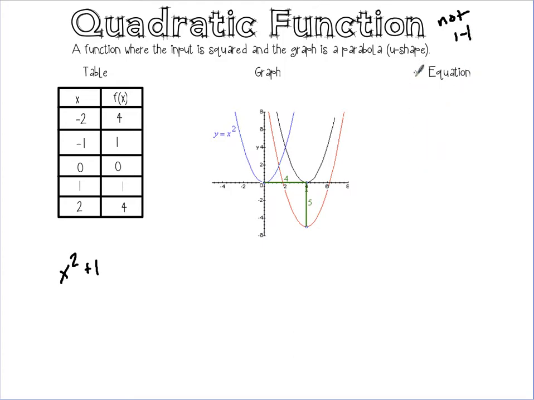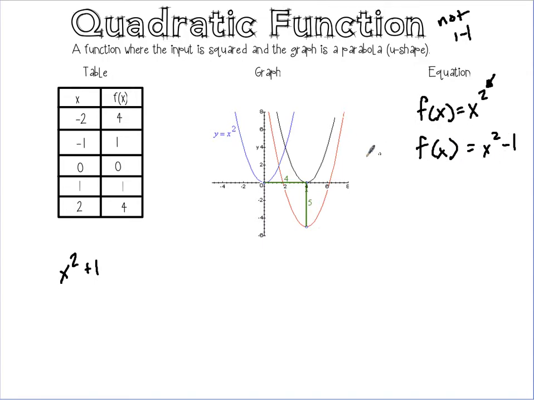For the equation, you're going to have f of x is equal to x squared. Okay, so it's always where your x is being squared that gives you a quadratic function. So this has to stay the same. Now, let's say you had f of x equals x squared minus 1.